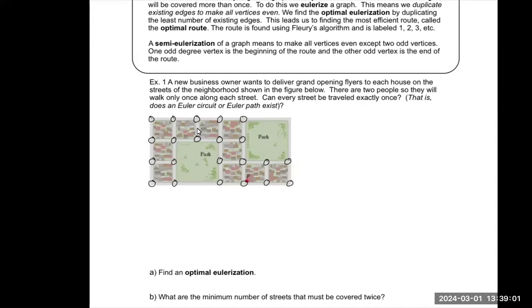Throughout the neighborhood, for every road or street that we see here, I'm going to make an edge that they have to travel on. And like I said, I'm going to make one edge, whether there's two sides of the street or one side of the street, because we're just going to simplify this problem.